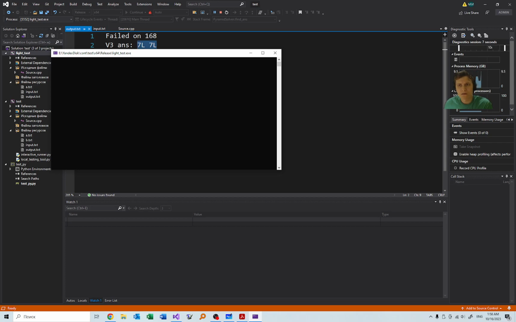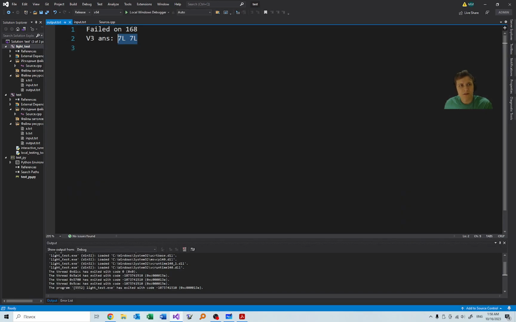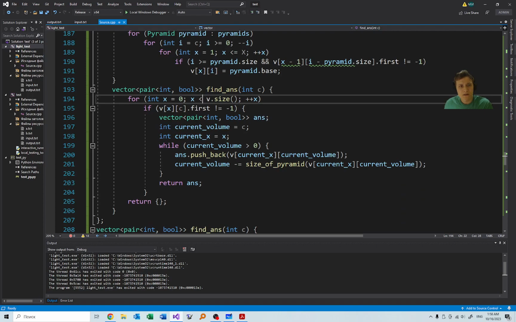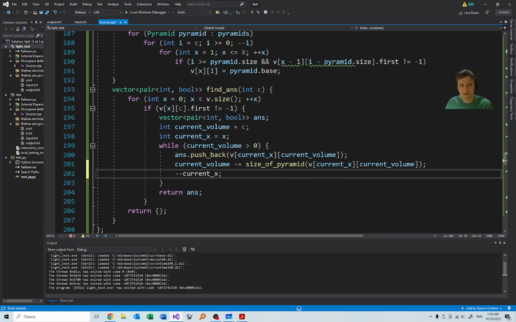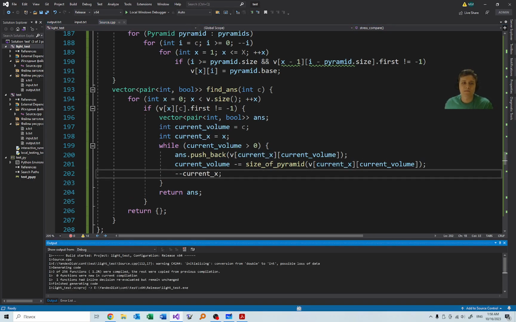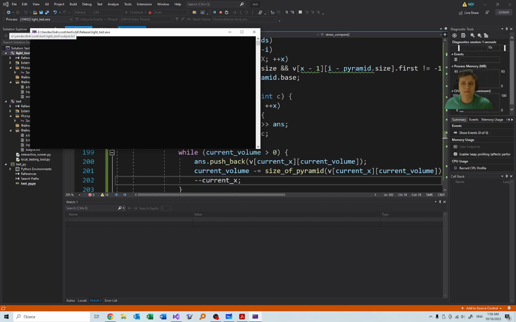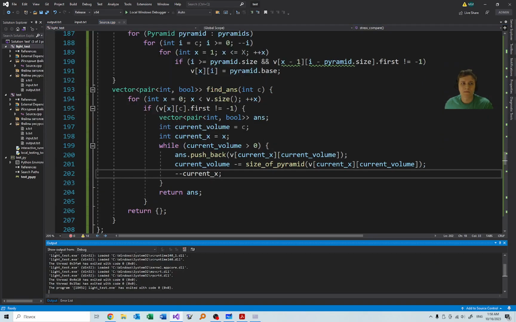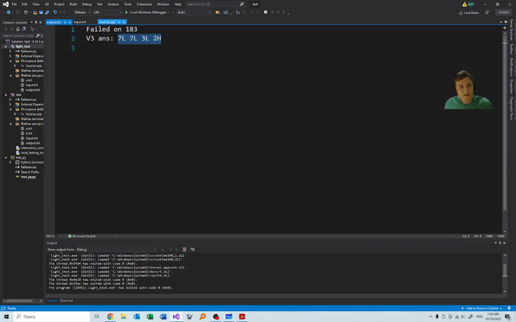Oh no, it takes a lot of memory. But why? Why so much memory? I need to subtract 1 from parent x. Now it works.